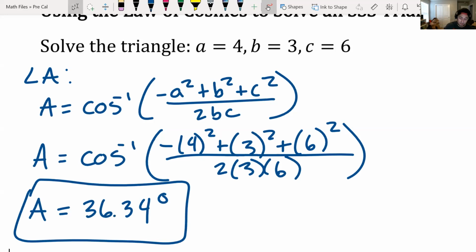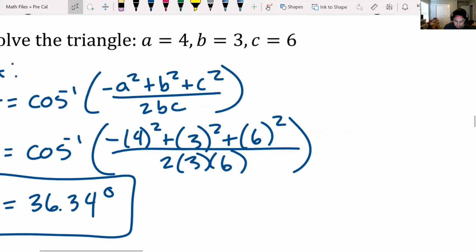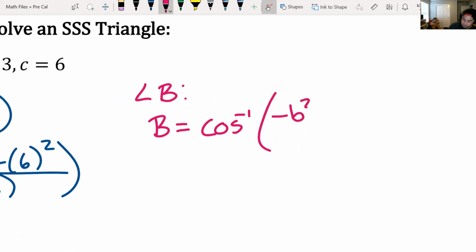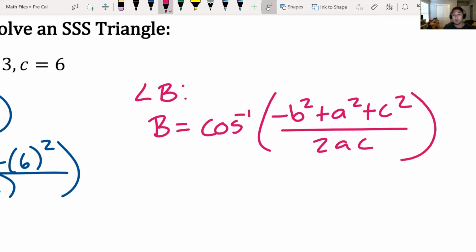Okay, then find angle B. B is given by the inverse cosine of negative B squared plus A squared plus C squared over 2AC.